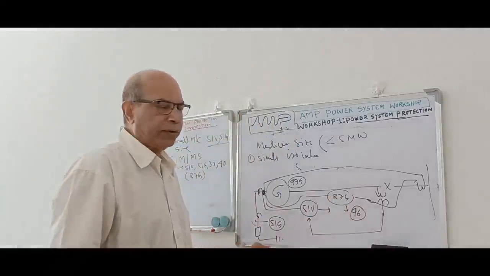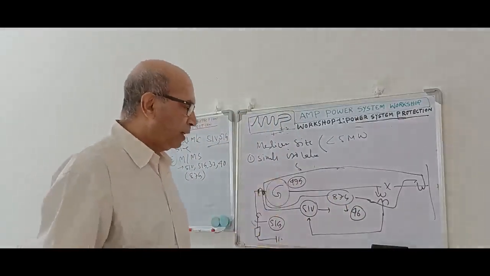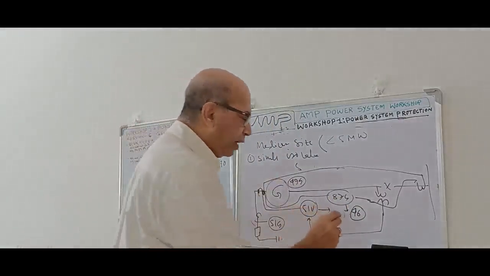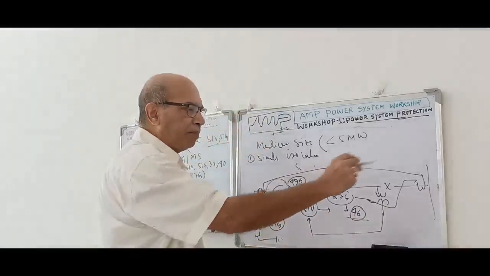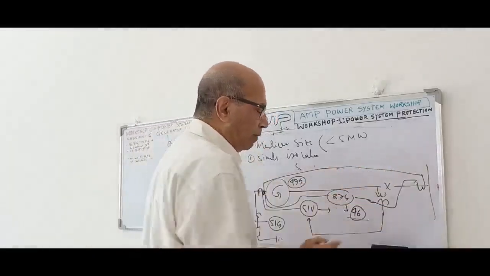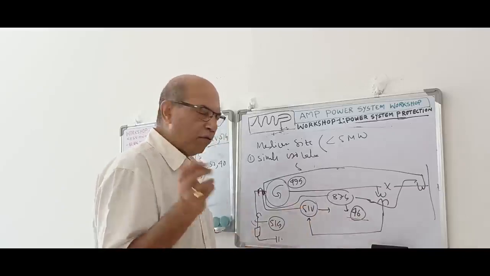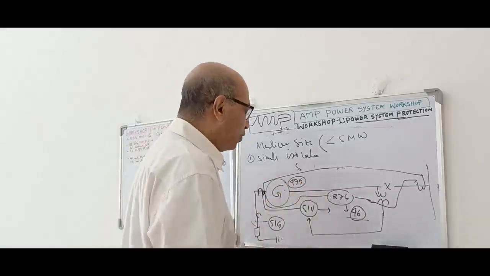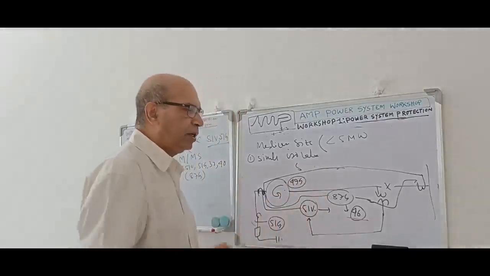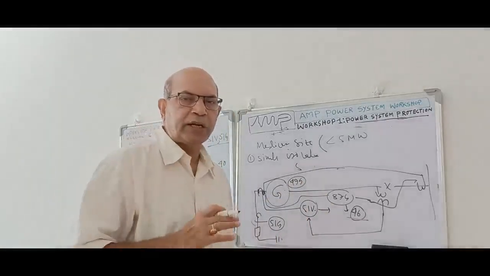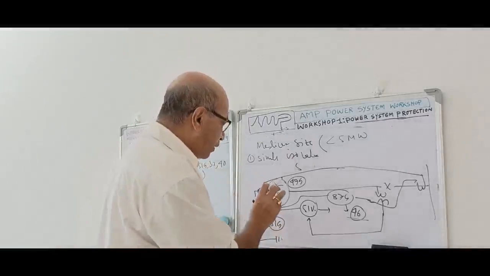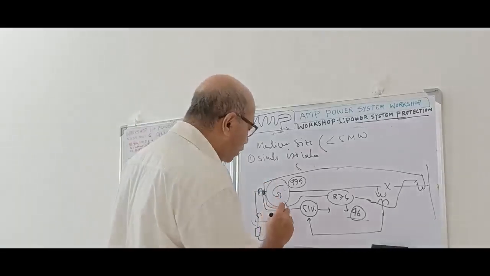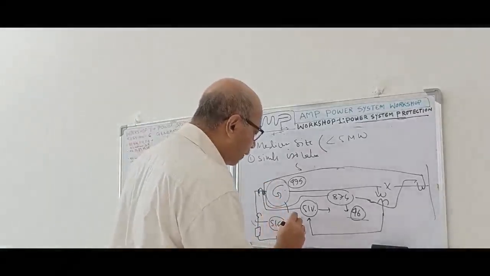In case of a single isolated machine, 46 negative sequence heating is needed because loading is not in our hand, loading may be unbalanced. In that case, negative sequence heating we have to include, stator heating we have to include, differential protection we have to include, 51V will be there, 51G. For parallel operation, protection is not required over here. Depending on the importance, we can provide the rotor earth fault 64R.